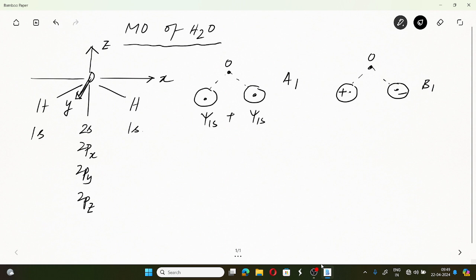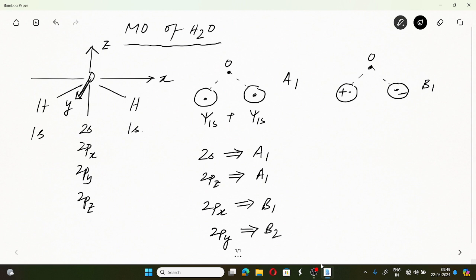And we have also mentioned that the 2s orbital can be written as A1, 2pz also as A1, 2px will be B1, and 2py will be B2.